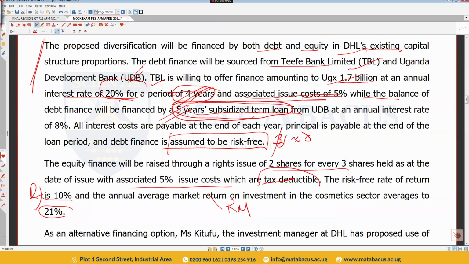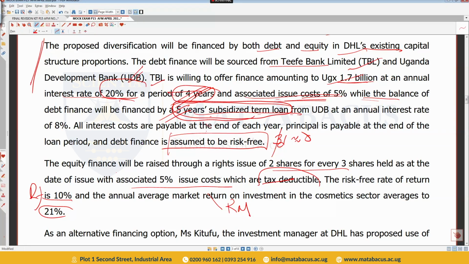The UDB loan is the balance of that debt finance, subsidized at 8%. UDB loan, we don't have issue costs. Therefore, there is nothing there.